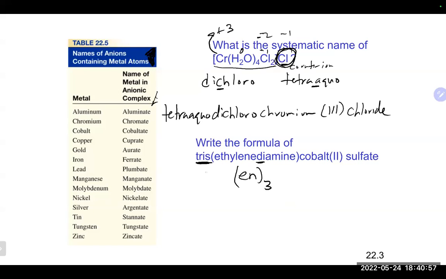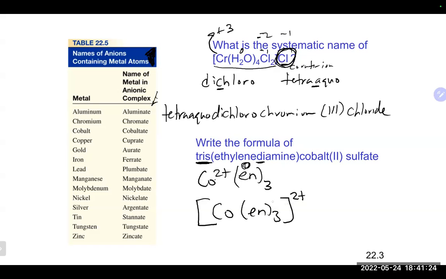We also have a cobalt that has a +2 charge there. So if we put these together, our Co and our en3, what would be the overall charge on this? It'd be +2 in this case, as en is neutral, and that has a +2 charge.